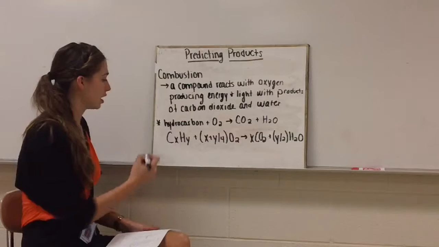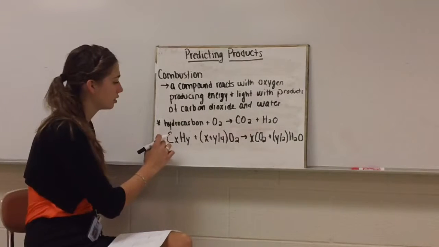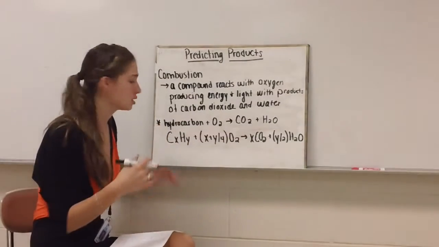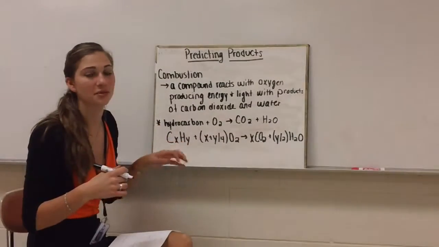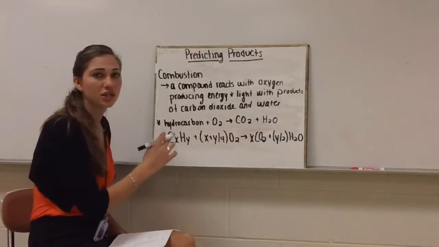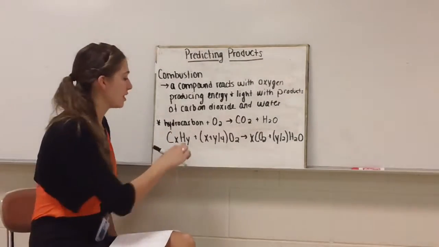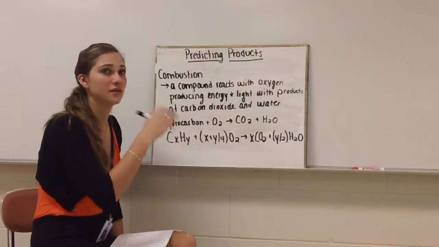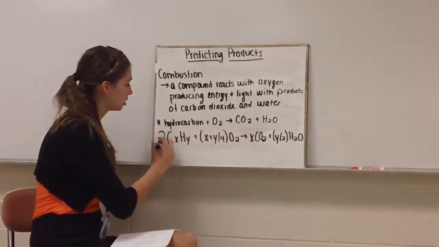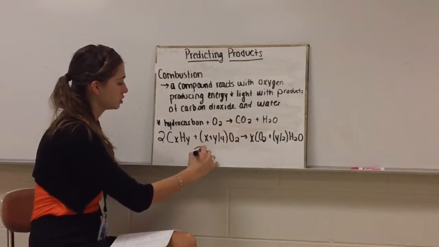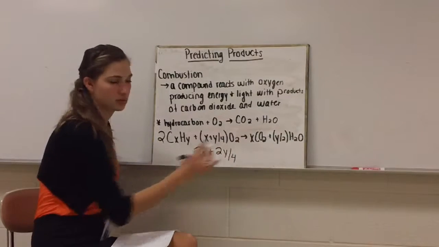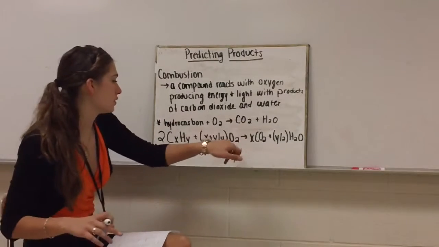Something you have to keep in mind though is that y needs to be divisible by 4. If it isn't, we have to change the coefficient in front of our hydrocarbon so that the number is divisible by 4. So say if we had a 2 out front, we'd be doing 2x plus 2y divided by 4. Alright, so that's for oxygen.